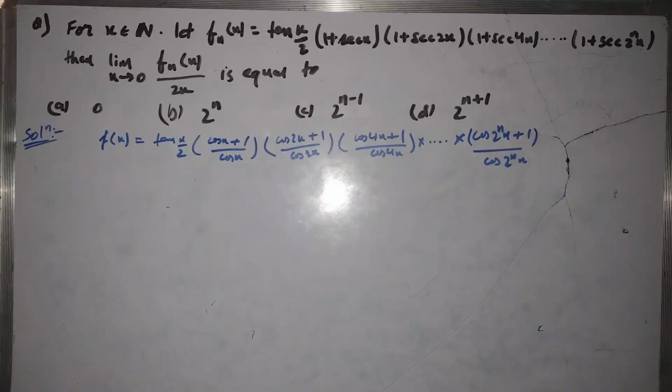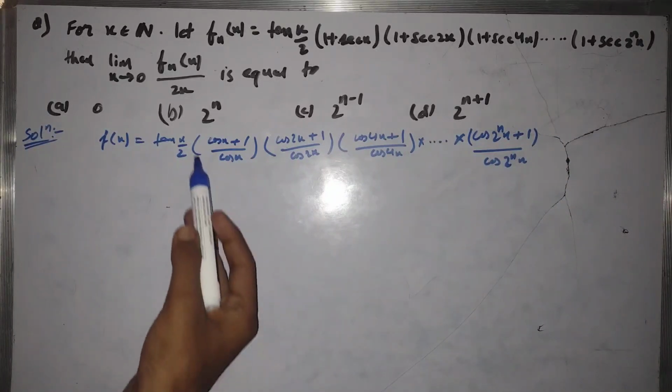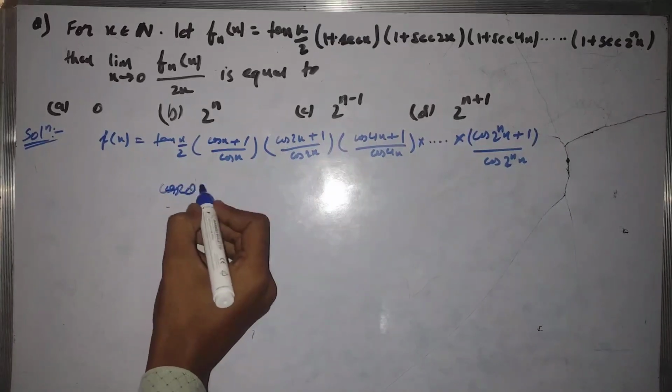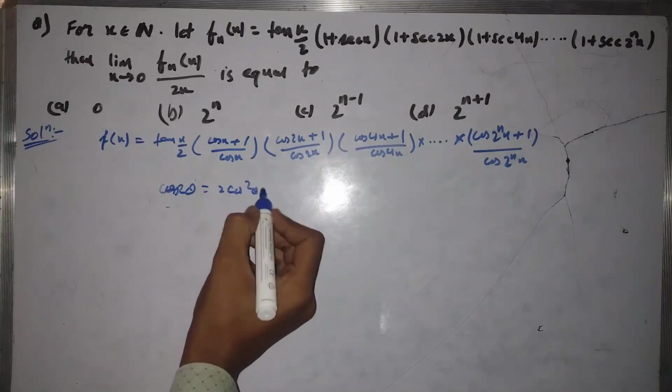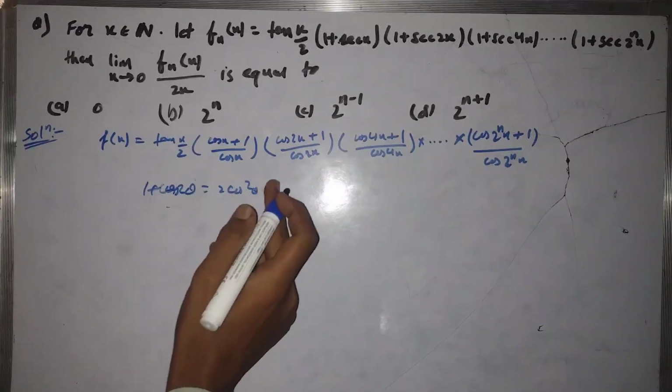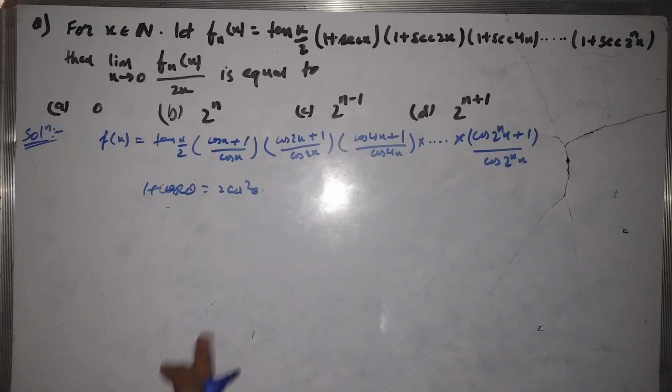Now we can see that the formula of cos 2 theta is 2 cos squared theta minus 1. So if we add 1 here, this becomes 2 cos squared theta. So we can use the same here.